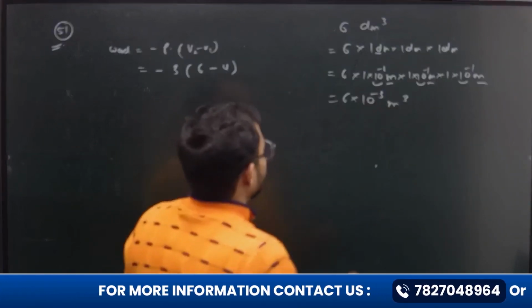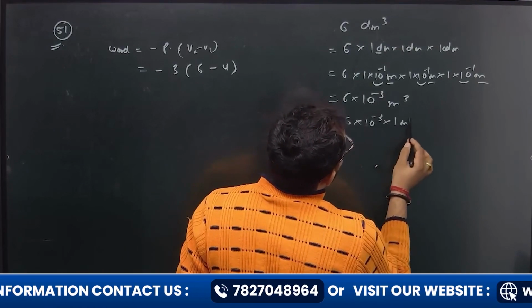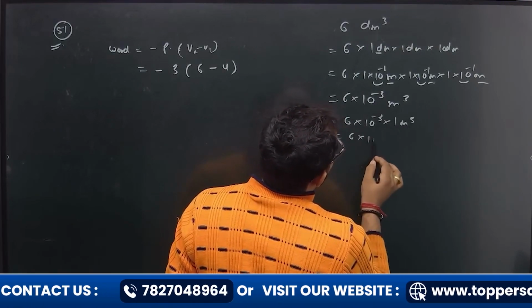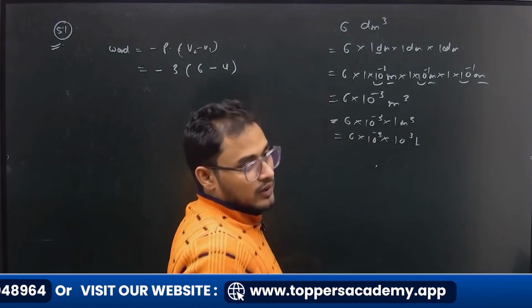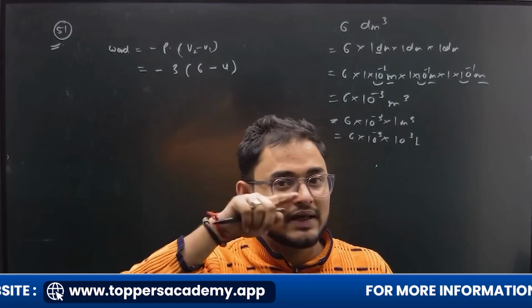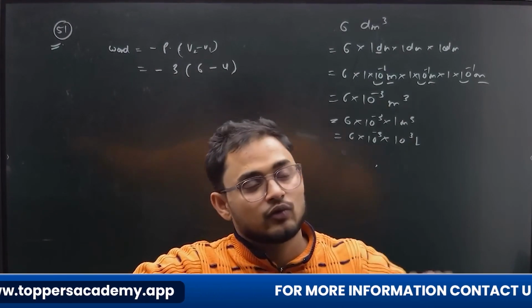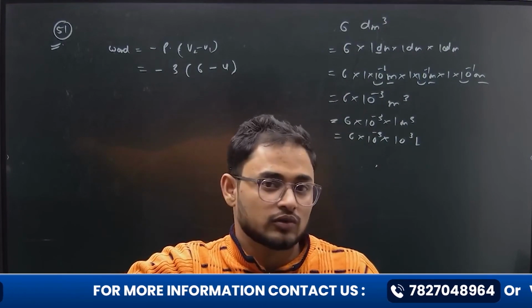Now, meter cube. My dear friends, I can write in this way. And 1 meter cube, by the way, is 1000 liter. How will you be able to remember? If you have a tank at your roof, having 1 meter length, 1 meter breadth, 1 meter height, it is your water tank.